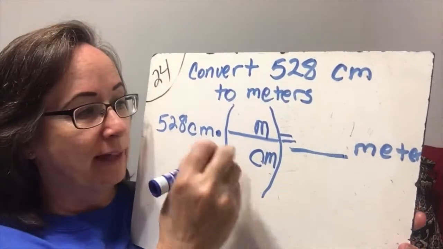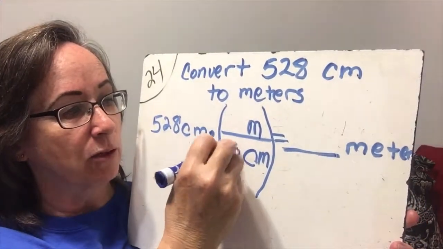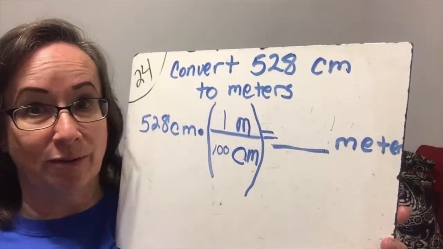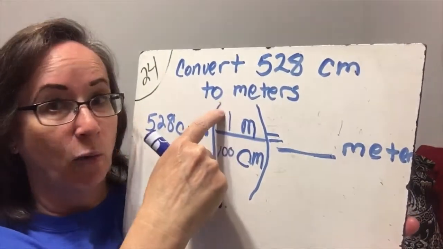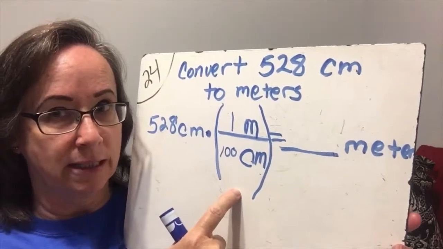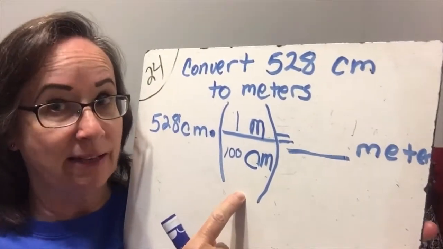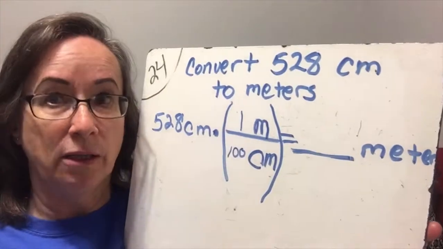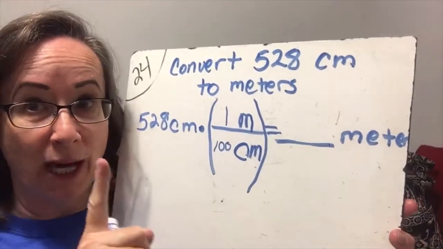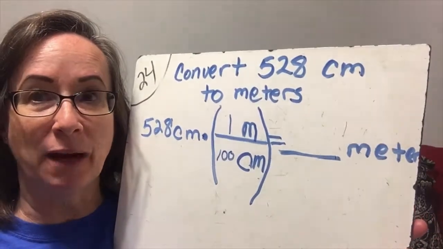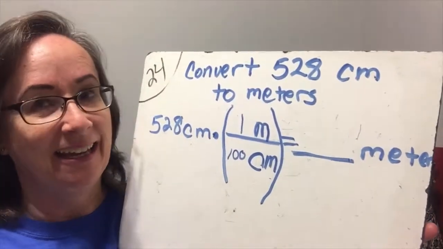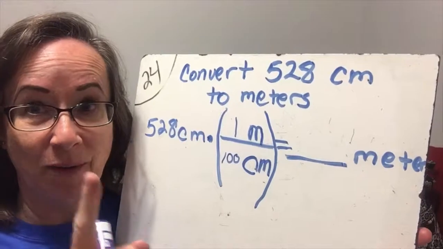So I know that 100 centimeters is 1 meter. So then I put in my equivalency here to where 1 meter is equal to 100 centimeters. And because of that, this whole unit conversion is equal to 1. And that's why we call it a unit conversion, because it changes nothing but the units. Its value is still 1.